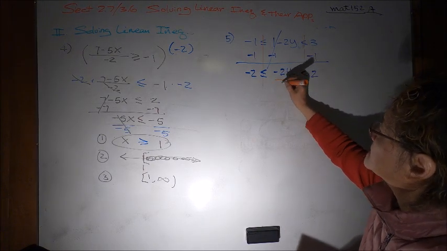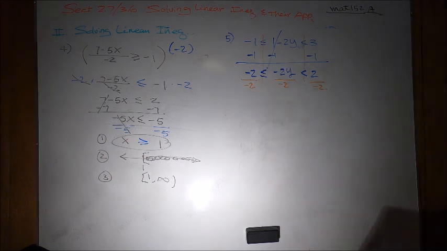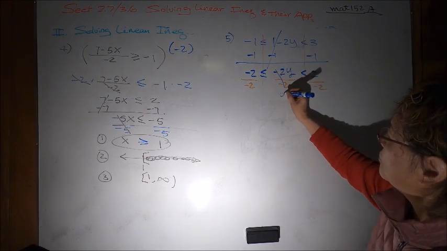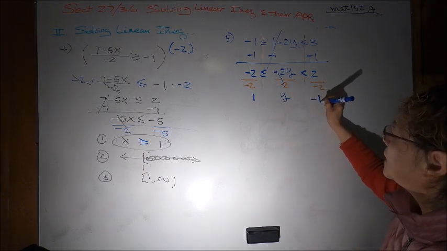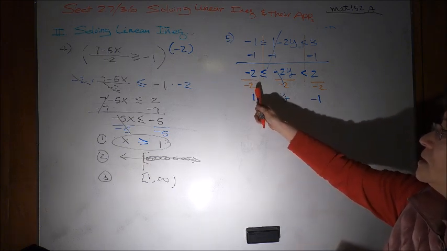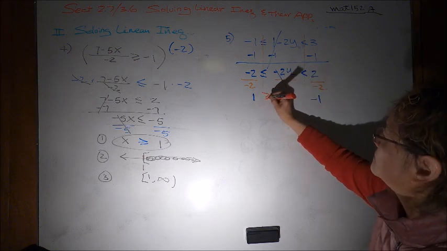Get y by itself by dividing by negative 2. Then see what happened. So that would be y by itself. That would be 1, that would be negative 1. What happened now? Should we change the direction of the signs? Yes, because we divided them by what? A negative number.